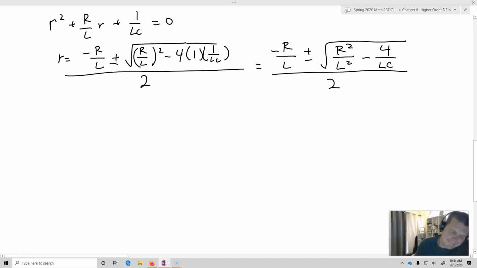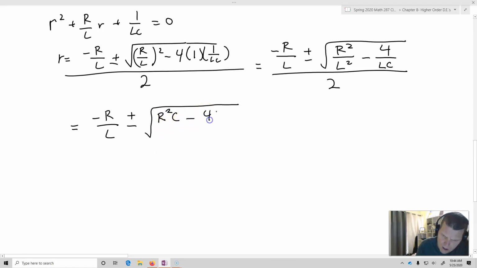All right, do a little algebra here. We get negative R over L, plus or minus the square root of R squared C minus 4L, divided by L squared C, all divided by 2.